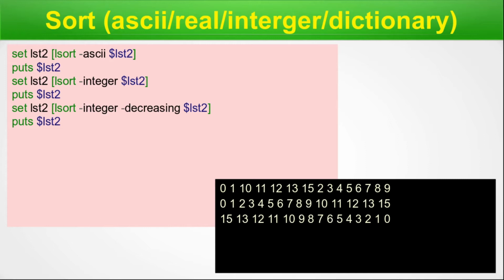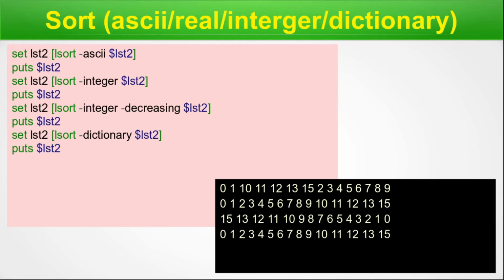Let's see the next one. Here we are using the dictionary switch with the same lsort procedure, and if we print out lst2, it does the dictionary sorting in this case. It's also similar to the integer sorting we have seen. Let's go to the next one.